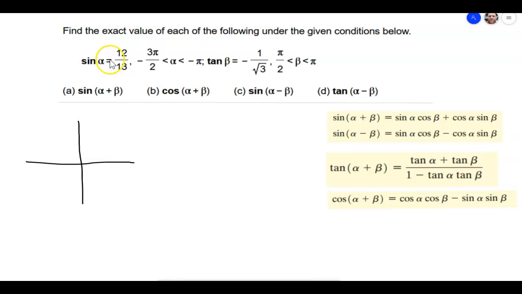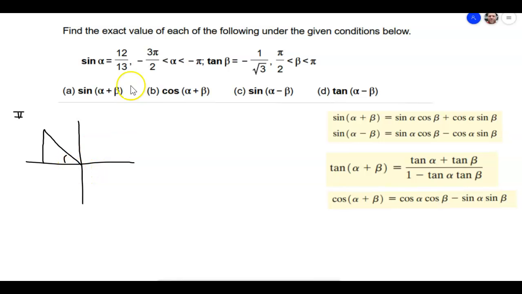This first one, alpha, is 12 over 13. Now, where is negative pi? If we start at 0 and go negative, negative pi would be right here, and negative 3 pi over 2 would be right there. So that tells me it's in the second quadrant. If I make my triangle like this, here is my angle coming from the central angle.